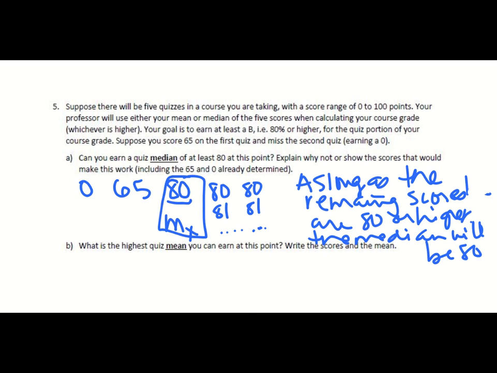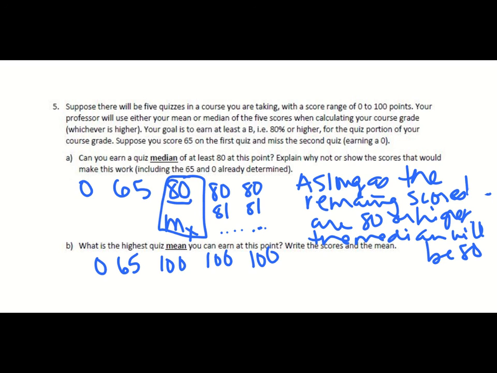Then it says B, what is the highest quiz mean that you can earn at this point? So right now, what is the highest quiz average you can earn? If you have a 0 and you have a 65, and then you get 100 on everything else, that's the highest possibility you could get.